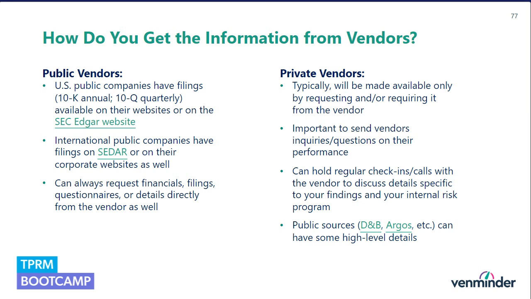In lieu of getting information in that way, you can always go down holding calls with them or holding diligence sessions with them to try to get specific information to perform your reviews, or rely on public sources such as Dun & Bradstreet, CreditSafe, or Argos to effectively get some of those high-level details on these private vendors so that you can at least begin some of your financial health review processes and begin to mitigate or accept the risks that you've identified.